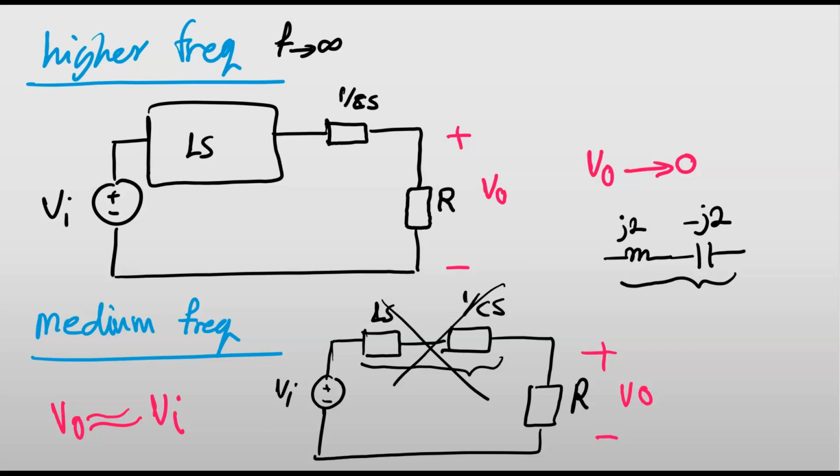That's why if you draw the frequency response of this circuit, considering the output of your resistor as your output voltage, you're going to see something like this. In low frequency, the magnitude is 0, and in higher frequency, it will reach 0 as well.